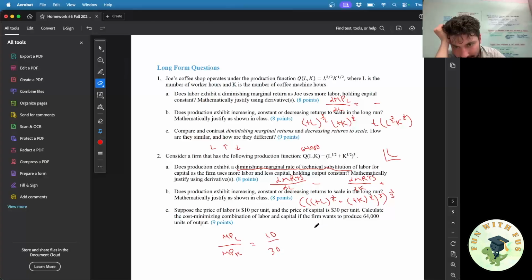So hopefully that made sense, but I'll make a little flow chart. Flow chart: MRTS is equal to the price ratio, do a little cross multiplication. Then I would solve for L or K, doesn't really matter.